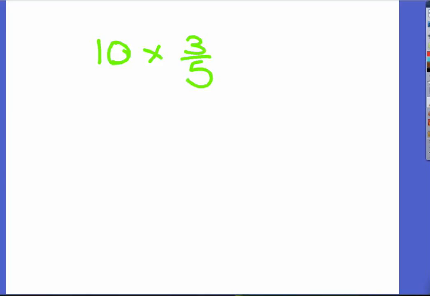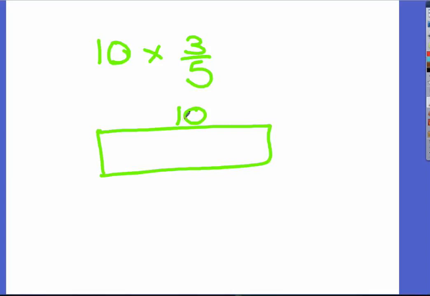Okay, so as I was walking around, this is what I saw, which is perfect. We have our tape diagram, and we're going to be multiplying 10 times a fraction, and that fraction is 3/5. So we look at the denominator, 1, 2, 3, 4, 5.